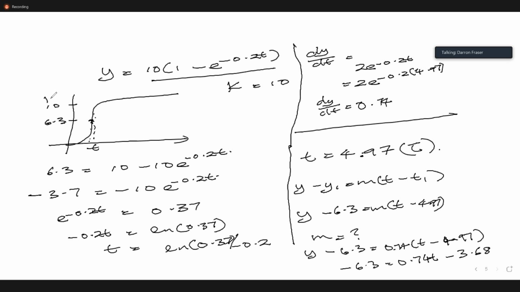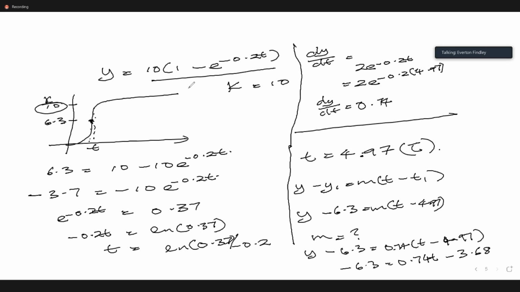This is our k, the final value. So the gradient at that point, when we get the gradient at that point to be that value, something is wrong.